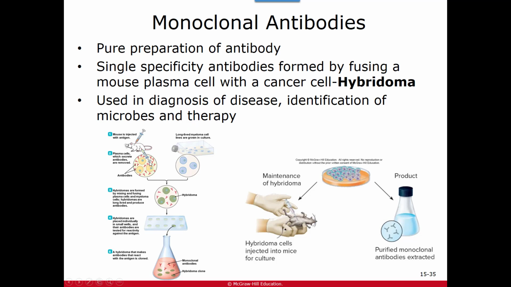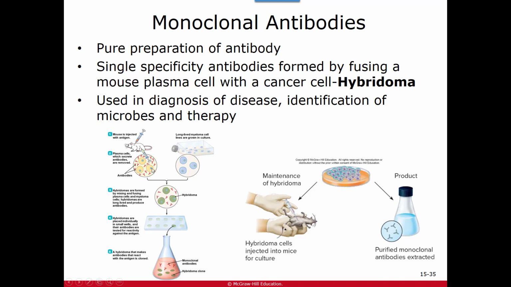We can mix those plasma cells from the mouse with a cancer cell, it's called a myeloma. Anything that ends in oma is cancer. So we're going to mix a plasma cell from the mouse, and this particular plasma cell knows how to churn out the correct antibody, these little red ones.